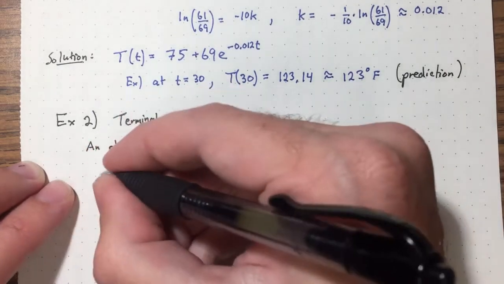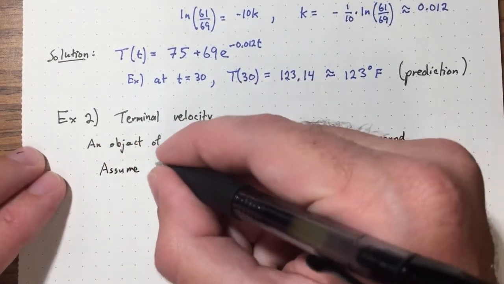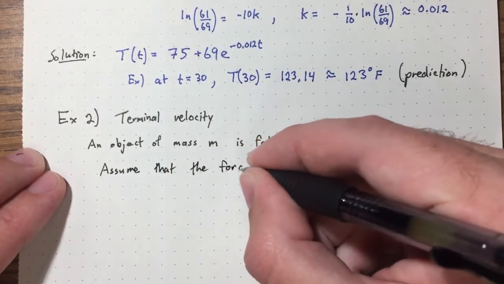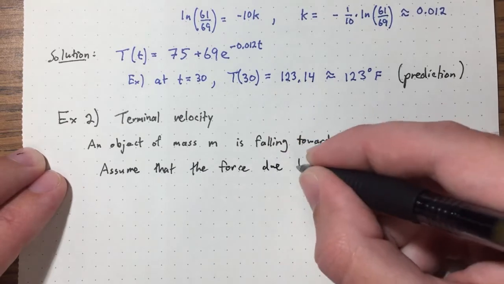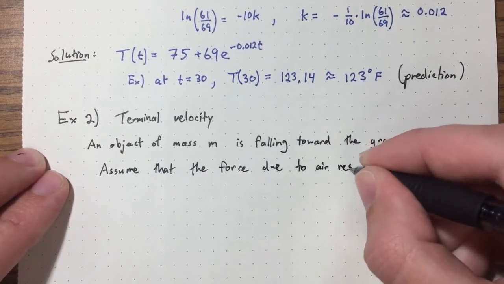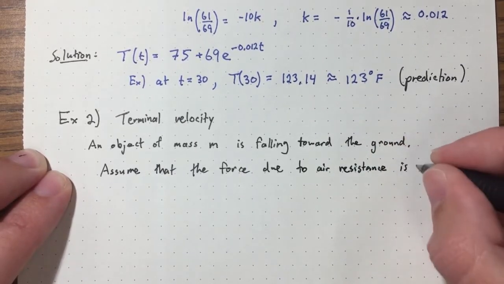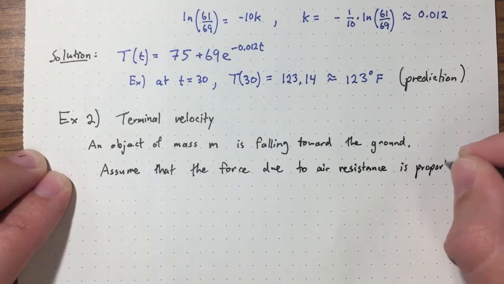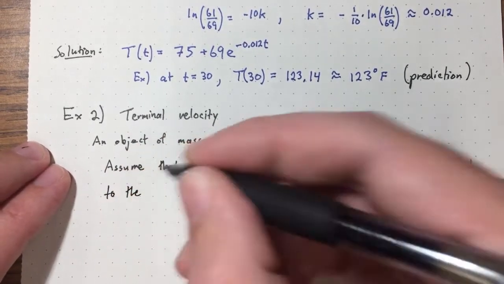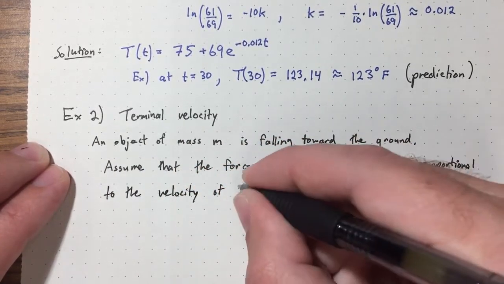Okay, and then we're going to assume that the force due to air resistance, this is actually what's responsible for terminal velocity, so the force due to air resistance is proportional to the velocity of the falling object.